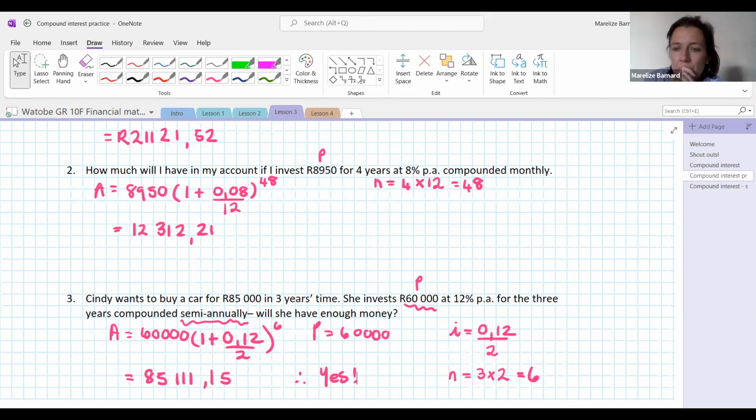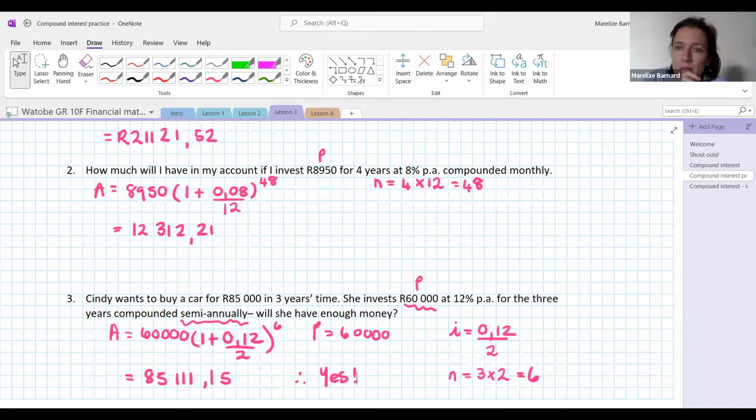Yes, ma'am. I feel like I'm getting a little lost here. Where did we get the 6 from? That's from the 3 years, and she's getting interest semi-annually, so you times it by 2. That's where the 6 comes from. May I know the reason why we times the number of years by 2?